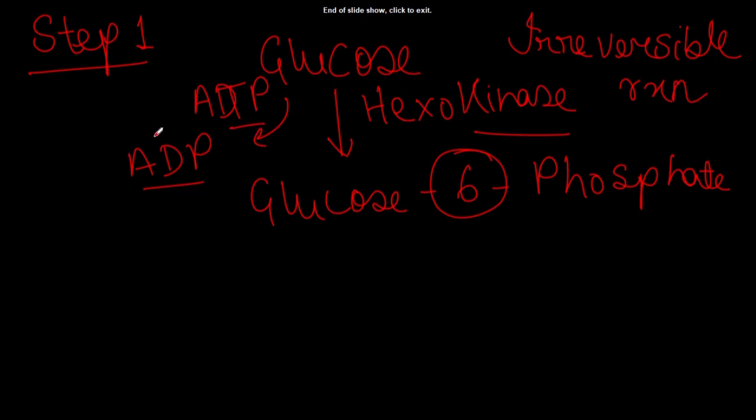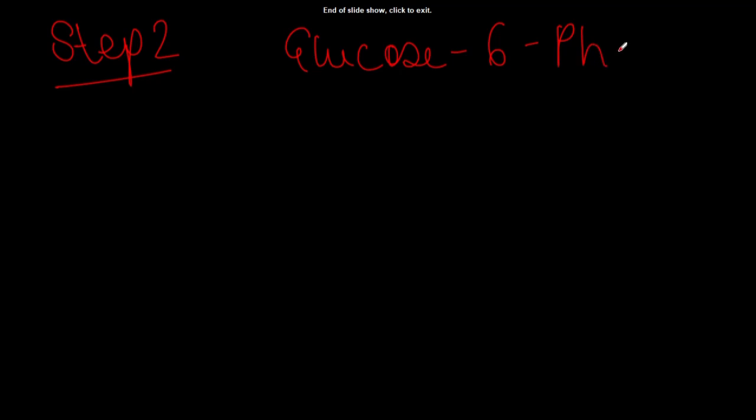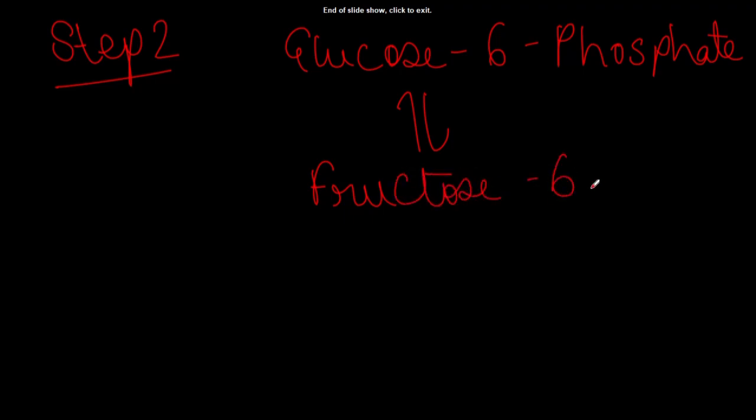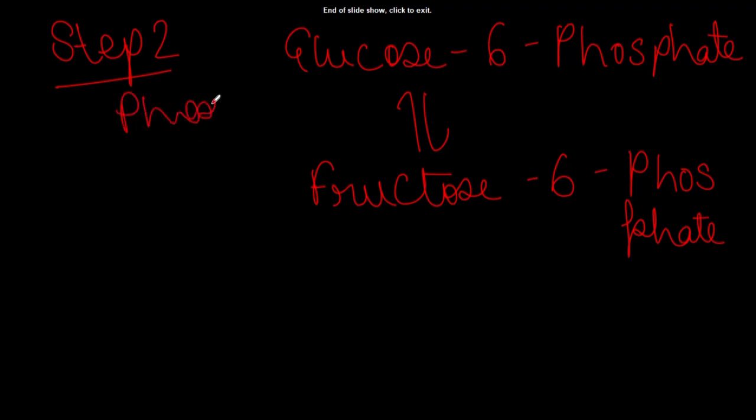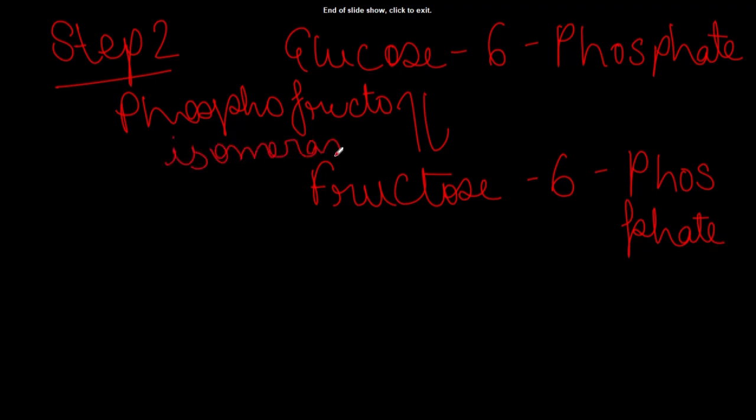Let's continue to the second step. So in the second step, glucose 6-phosphate gets converted into fructose 6-phosphate by the action of phosphoglucoisomerase.